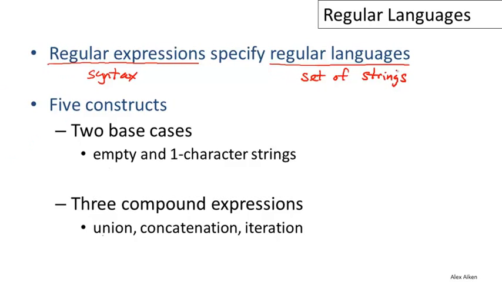And there are 5 kinds of regular expressions in the standard definition. There's an expression for the empty string, and that's denoted by epsilon. And then we have all the one-character strings. And then there are 3 compound expressions, ways of building new regular expressions from other regular expressions. And these are union, concatenation, and iteration.